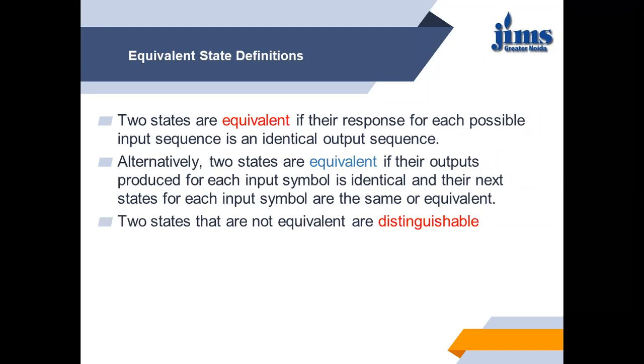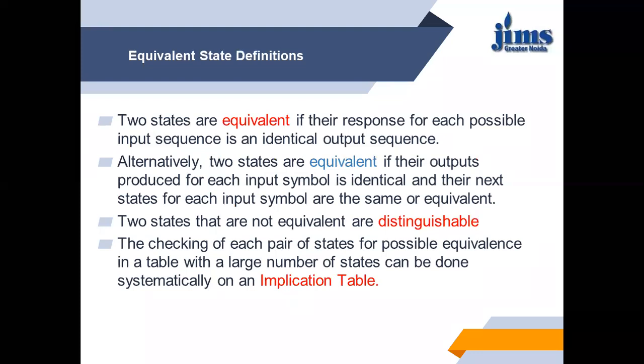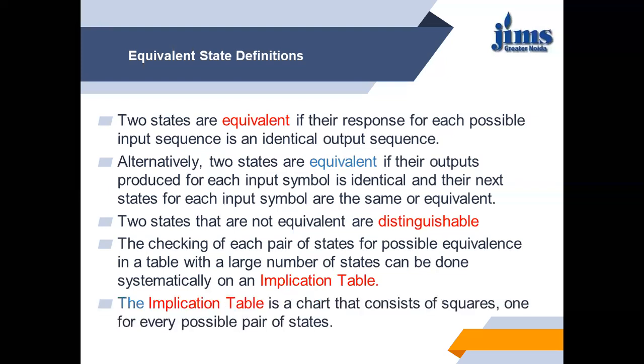Two states that are not equivalent are distinguishable. Checking each pair of states for possible equivalence in a table with a large number of states can be done systematically on an implication table, a chart that consists of squares, one for every possible pair of states, which we will discuss in the next slides.